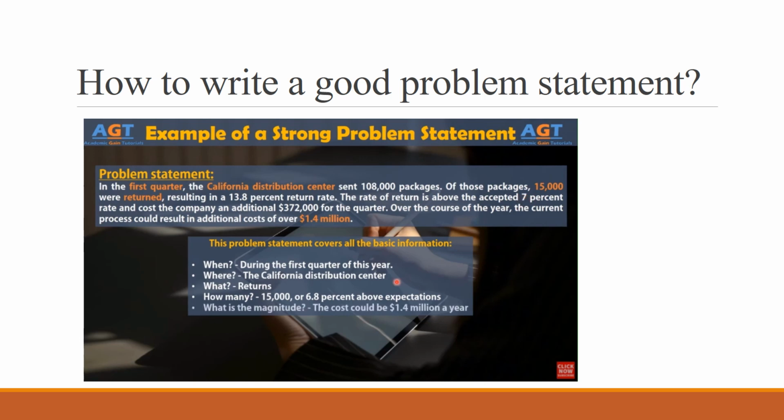Information number 5, what is the magnitude? The answer is, the cost could be $1.4 million a year. The problem statement doesn't talk about solutions or provide too many details. This is a strong problem statement because it answers all the basic questions and it provides a significant reason for leadership to invest interest. $1.4 million a year is a big loss.